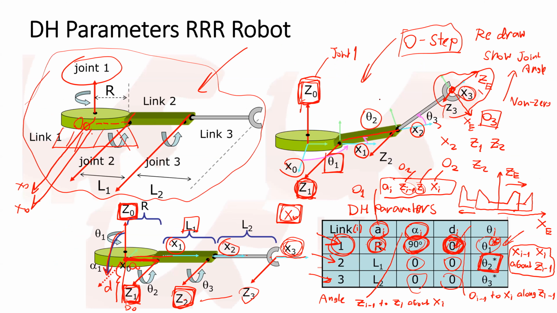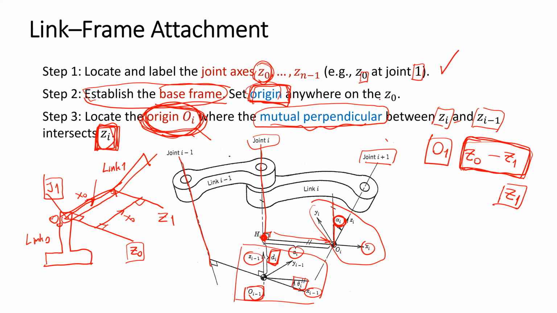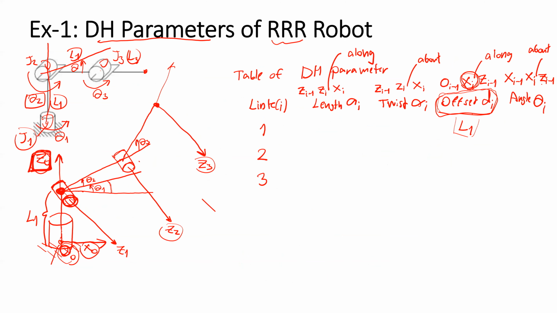But if you don't know, you just put the origin on the floor like this. So now we already have X0 and Z0. It means we already attached the first frame, the 0 frame, to the robot.